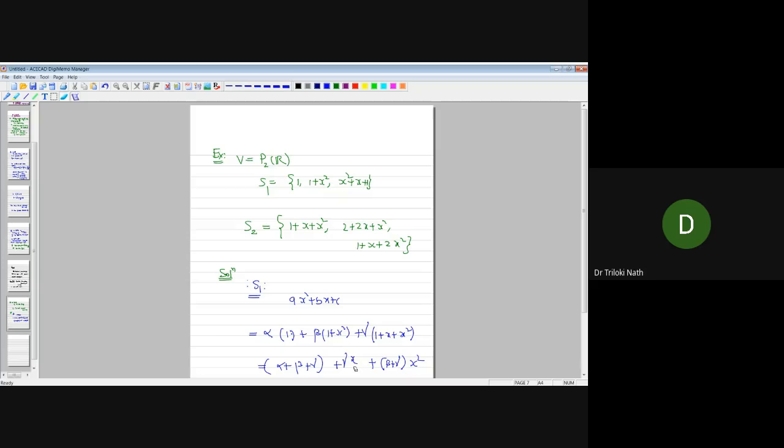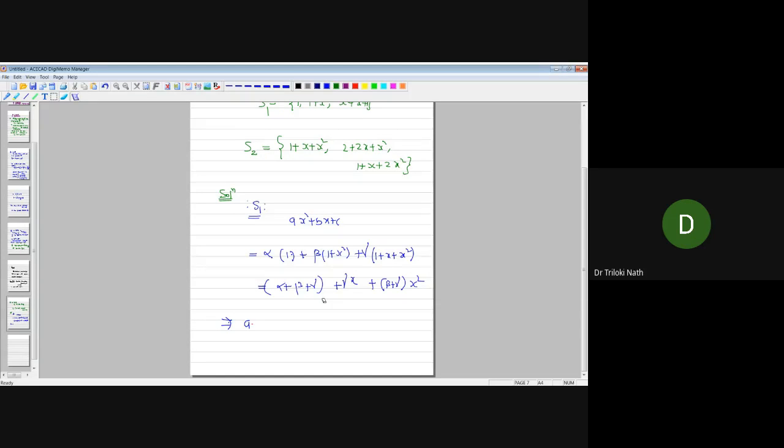If you compare with ax square plus bx plus c, then alpha plus beta plus gamma is equal to the constant term c, and gamma is the coefficient of x, that is b, and beta plus gamma is equal to the coefficient of x square, that is a.